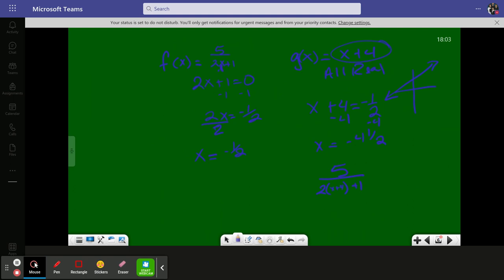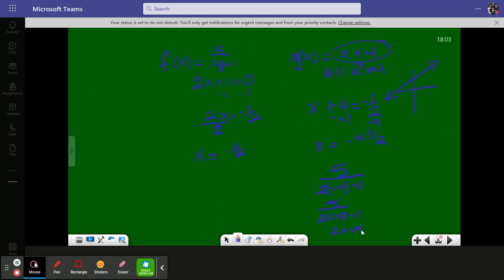So instead of having to figure all of this out, which I could do, I could say this is 5 over 2x plus 8 plus 1, which would be 2x plus 9.